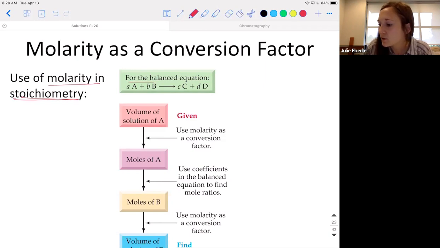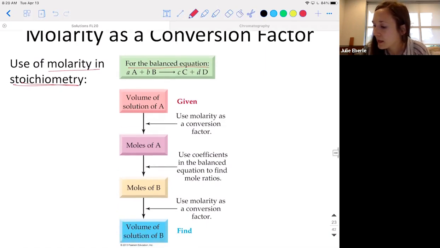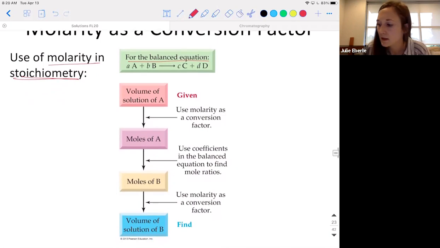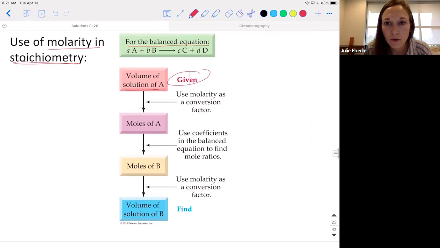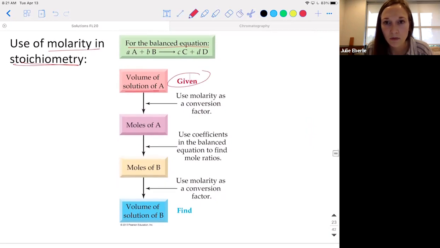So if we have some sort of balanced chemical reaction, A plus B makes C and D, and you are given the volume of, so now we're dealing with solutions. Chapter 9 is all about solutions. So if you are given a volume, like you have 200 milliliters, or you have 0.5 liters of solution A, for reactant A, and you want to know what volume of solution B do I need to react with solution A to make my products.